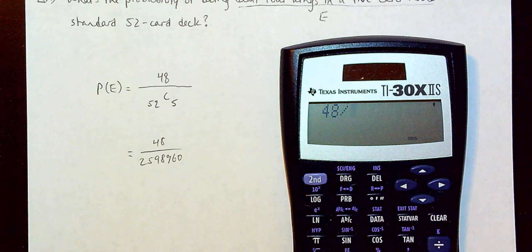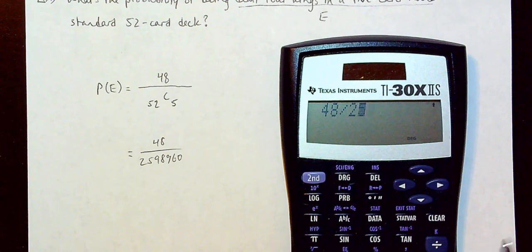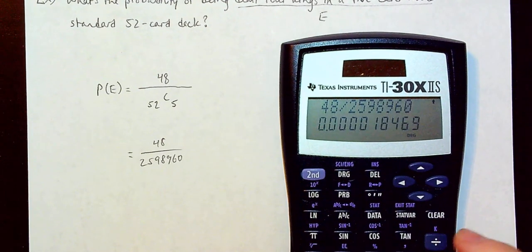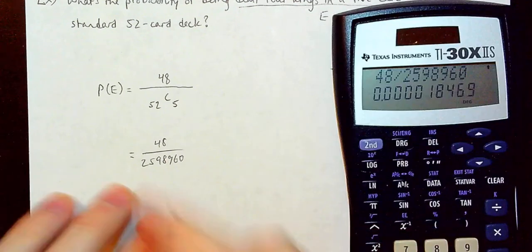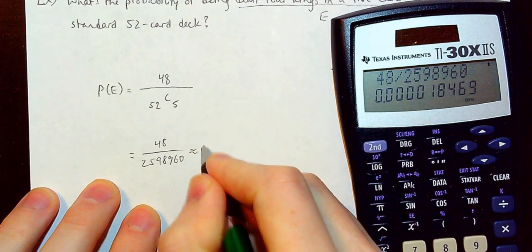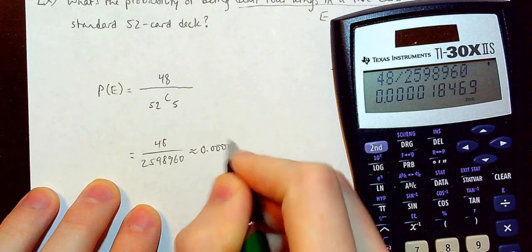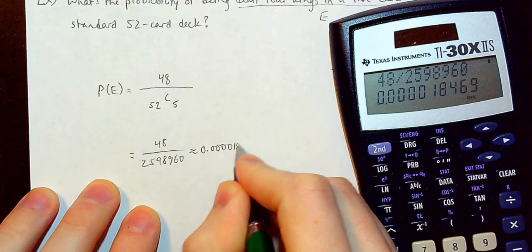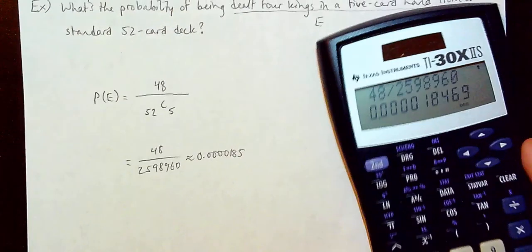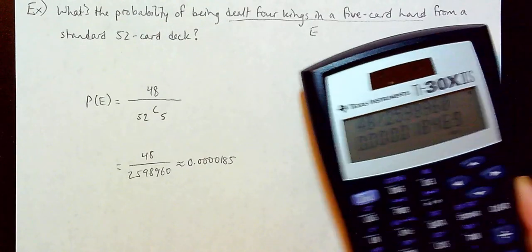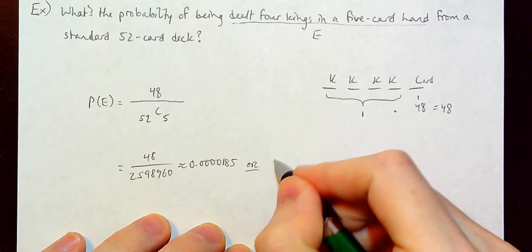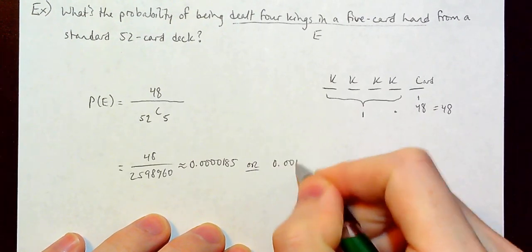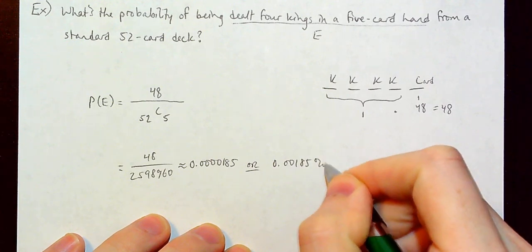If I do 48 divided by 2,598,960, I get approximately 0.000185. So that is your probability that you get the 4 kings. As a percentage, this is 0.00185%.